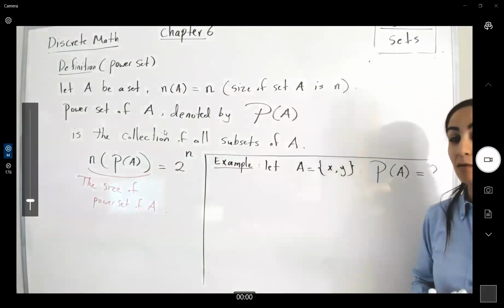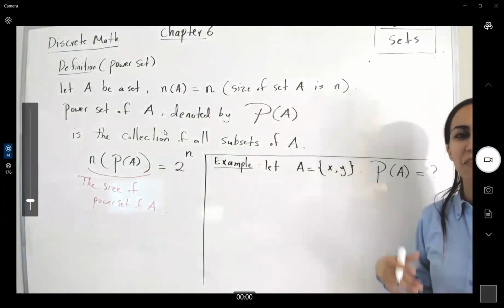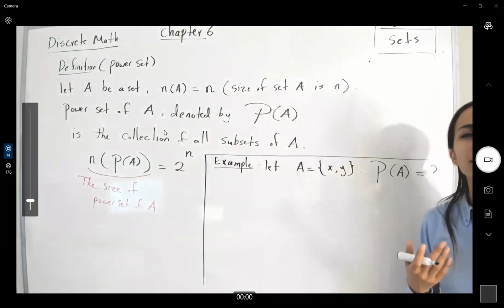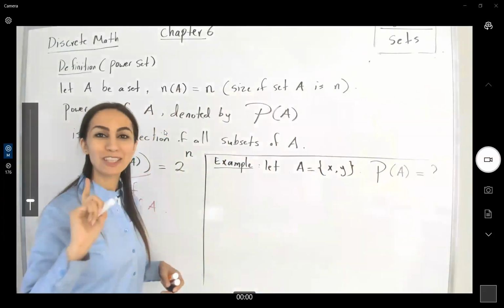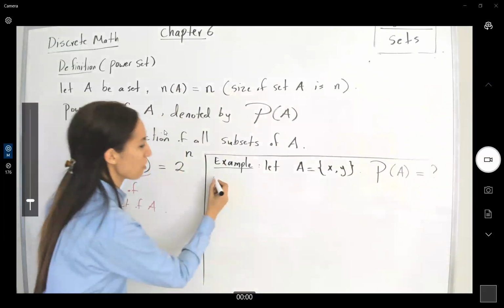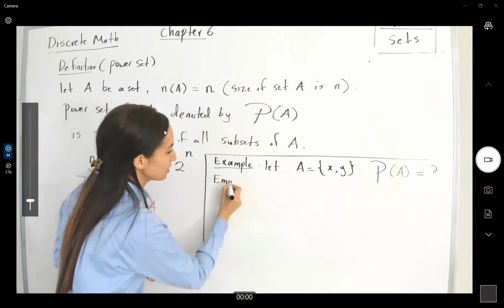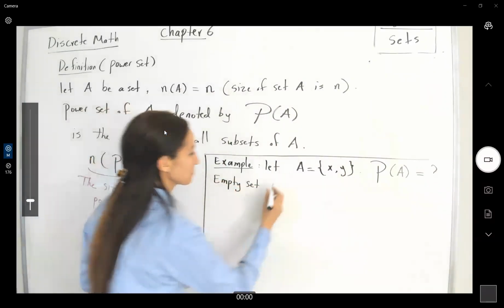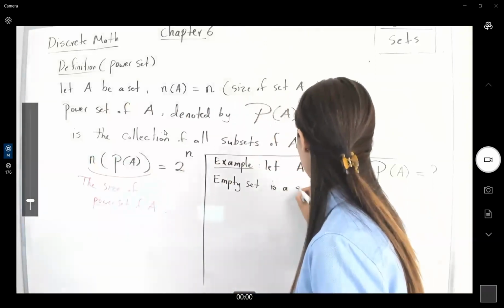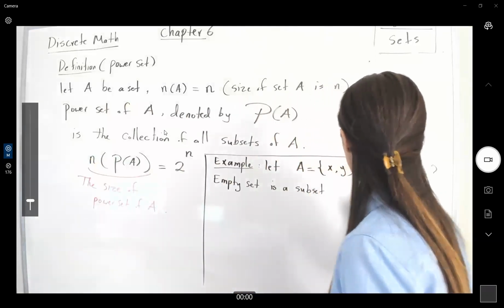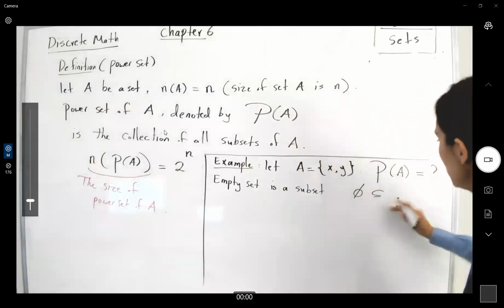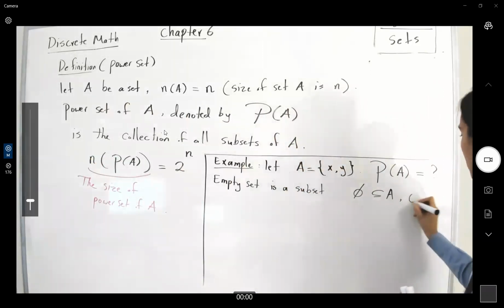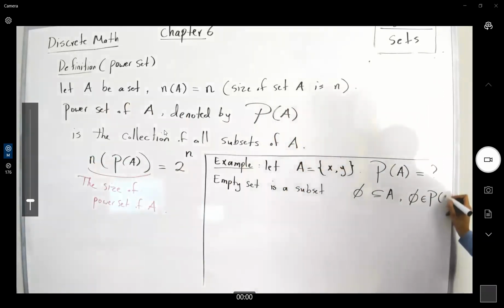Remember that we said empty set is a subset of any set. And the size of empty set is equal to 0. So empty set is a subset of A. So empty set belongs to power set of A.